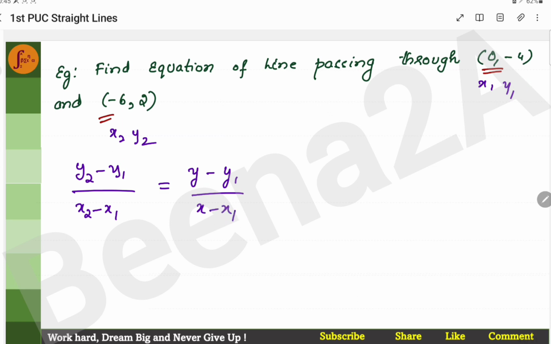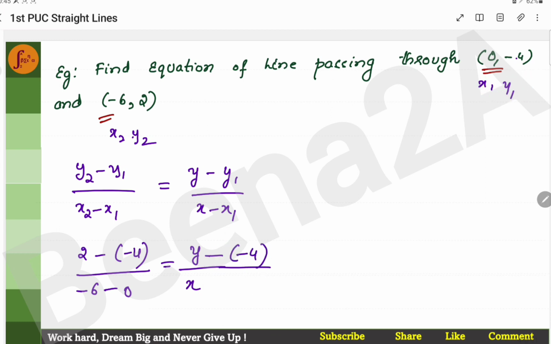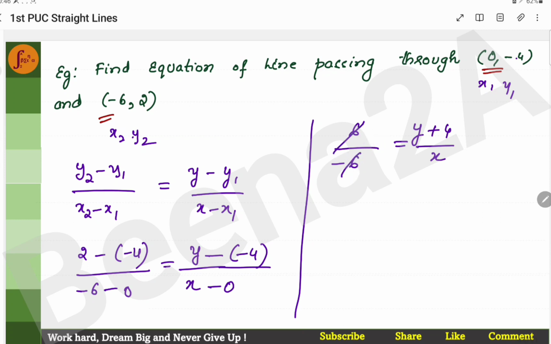So y2 is 2, minus of minus 4, x2 is minus 6, minus x1 which is 0, equal to y and x I leave like that, y minus y1 is y plus 4, and x1 is 0. So now this becomes 2 plus 4 which is 6 by minus 6, which will become minus 1 here.